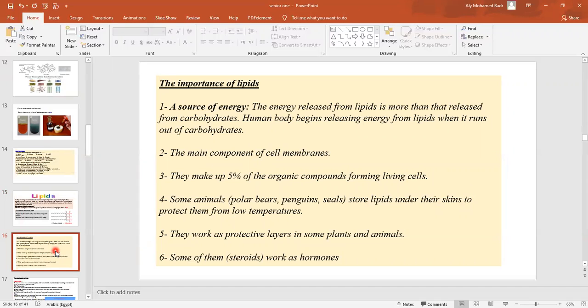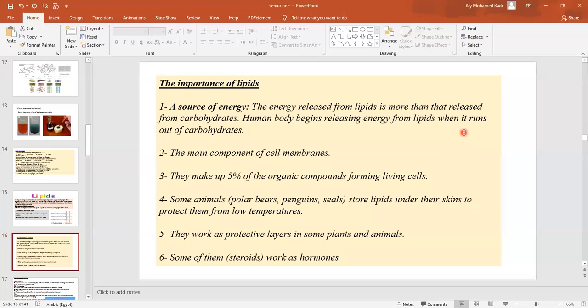What is the importance of lipids? Lipids are a source of energy. Carbohydrates are the fastest source of energy, while lipids are another source where the energy released is more than that released from carbohydrates.